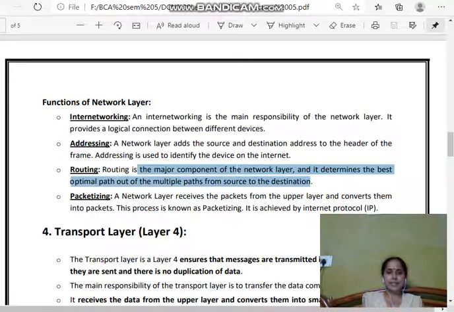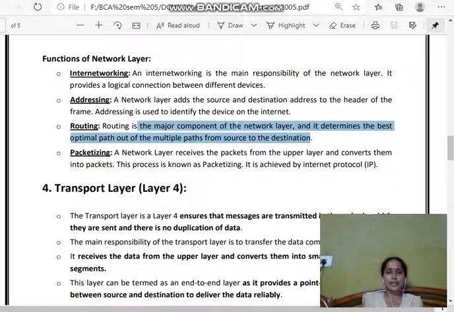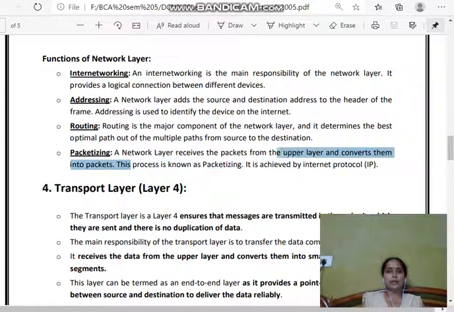And packetizing, that is, network layer receives the packets from the upper layer and converts them into packets. This process is known as packetizing. It is achieved by IP protocol. Now we say that the network layer has these four main tasks: addressing, routing, packetizing and internetworking.